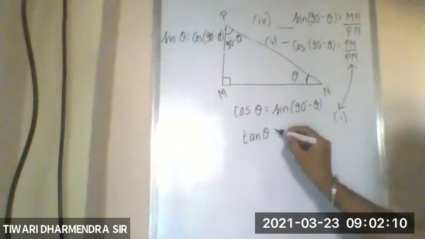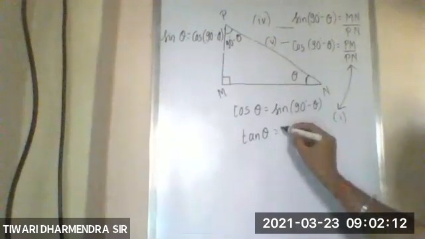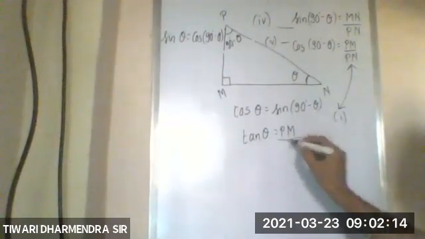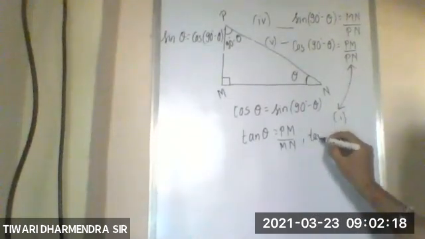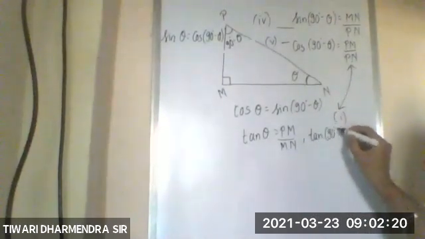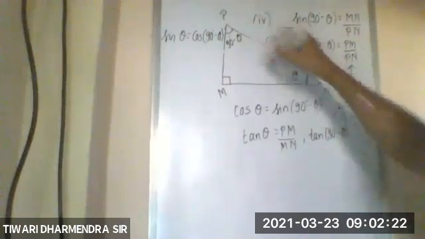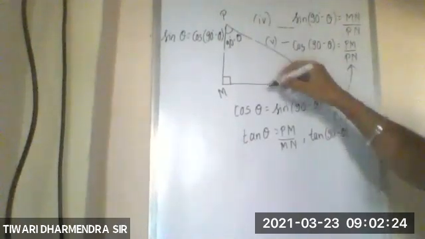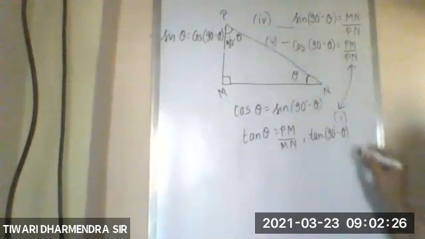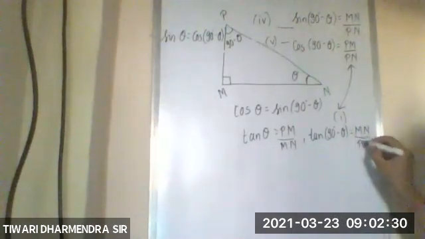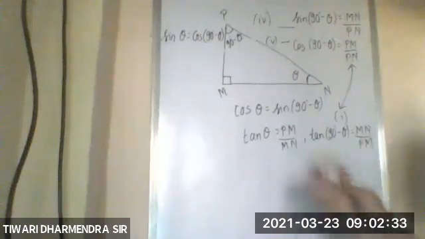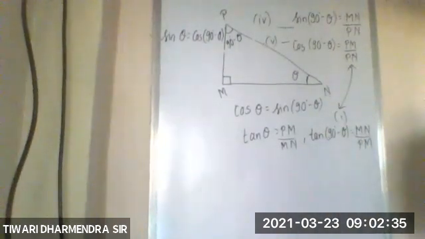Tan theta we have found to be opposite upon adjacent, that is Pm upon Mn, and tan 90 minus theta is opposite upon adjacent, opposite is Mn upon Pm. So just multiply them, as we can see that both are reciprocal of each other.